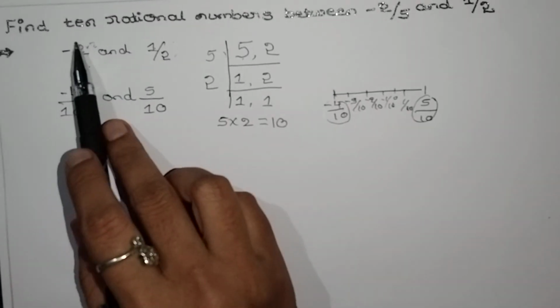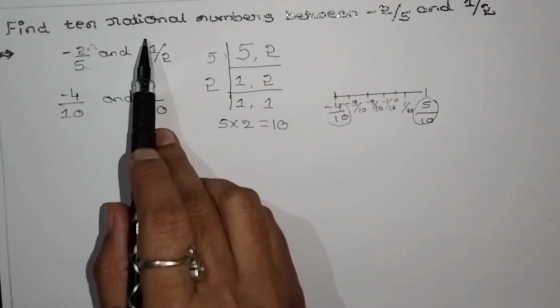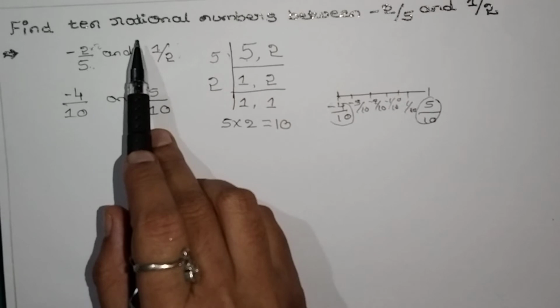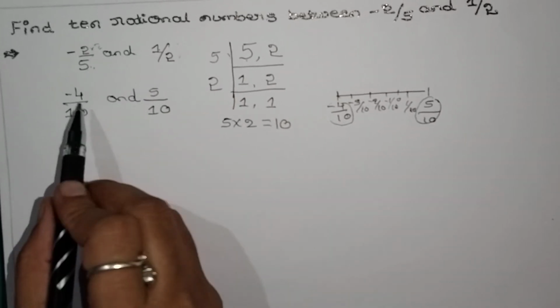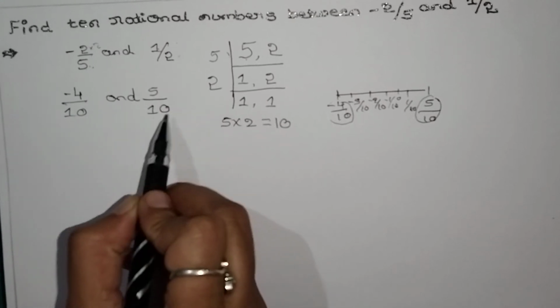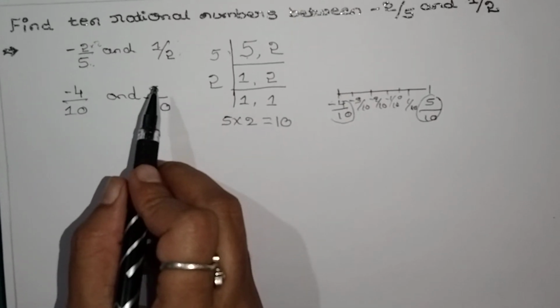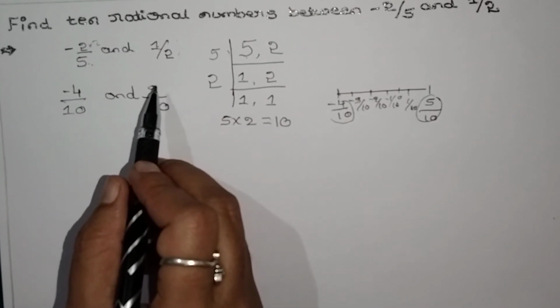Then what about the 10 rational numbers? How to find 10 rational numbers? In that case, we have to multiply the numerator and denominator by 10, or 100, or 1000.